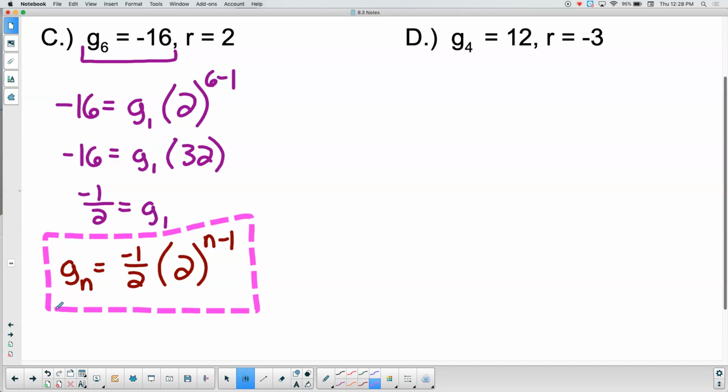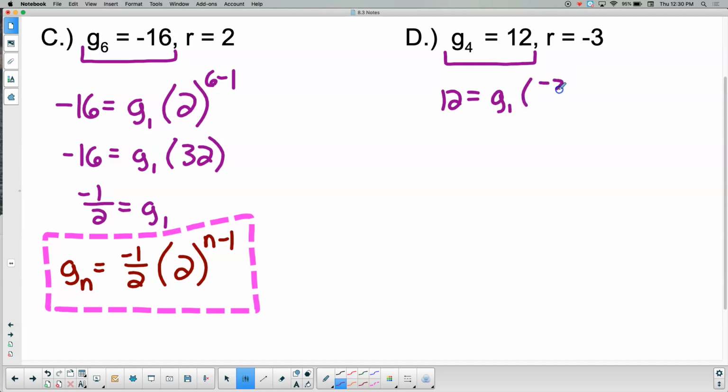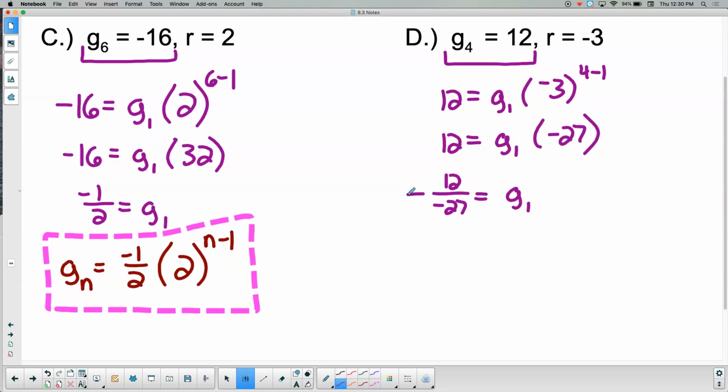Try letter D. Four minus 1 is 3. Negative 3 to the 3rd power is negative 27. 12 divided by negative 27, both can be divided by 3, is negative 4/9.